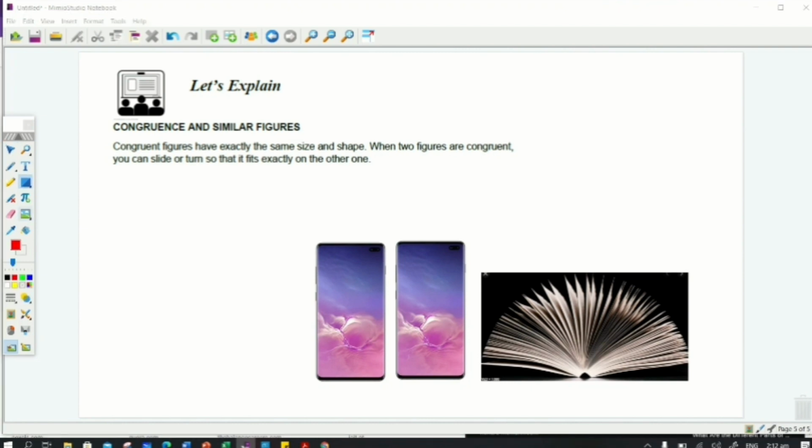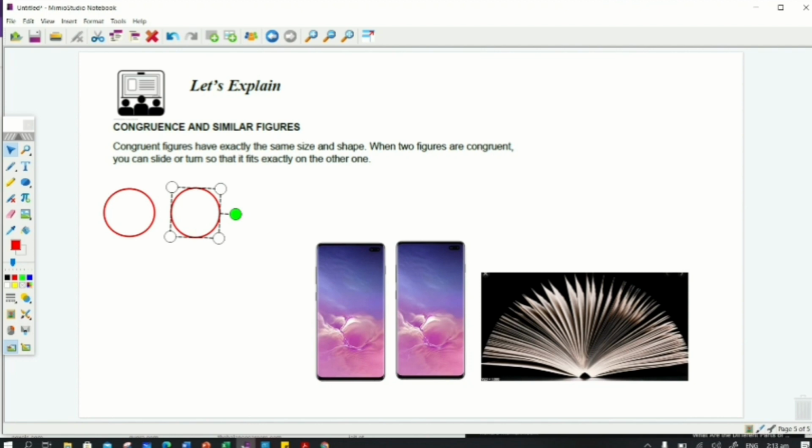For example, let's say we have a circle, and we rotate it. We know that they are exactly the same size and shape, right? So when we fit them, they are still the same size and shape. That is what we call congruent figures.